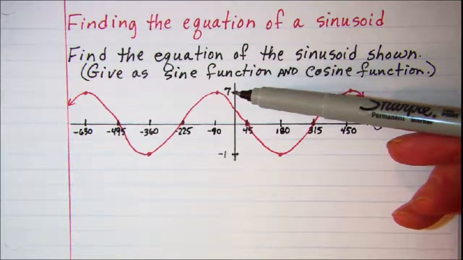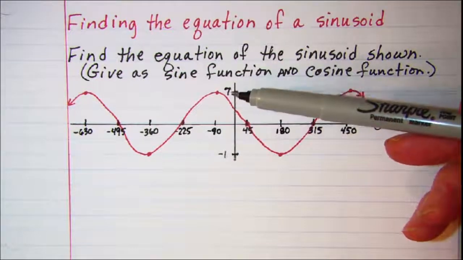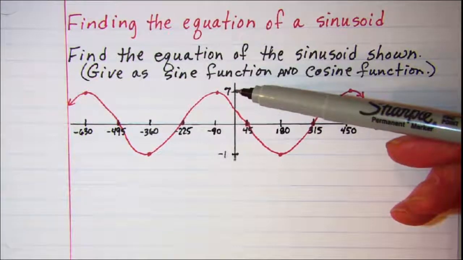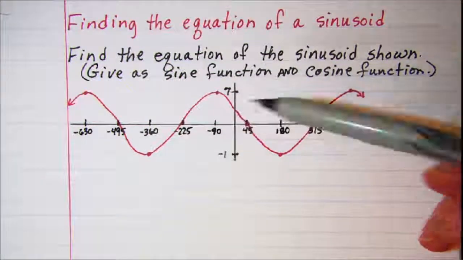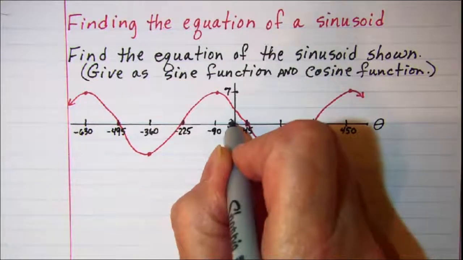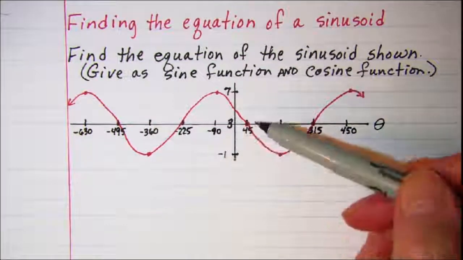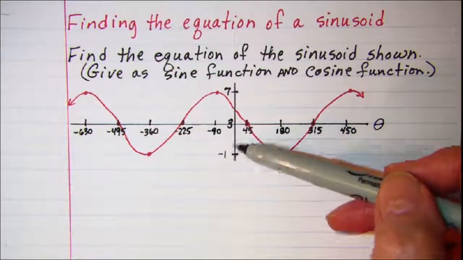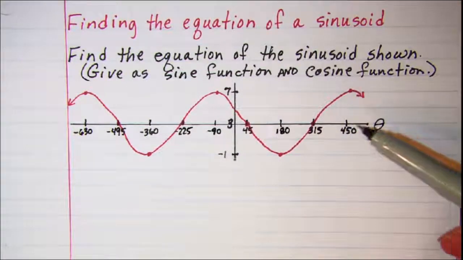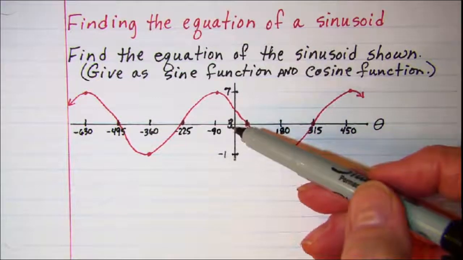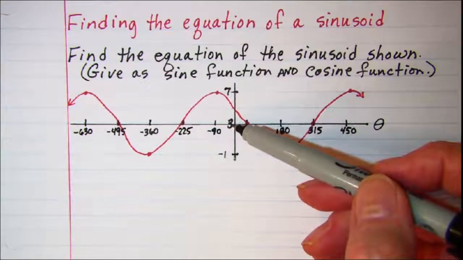We can see that the total space there is 8, which means that if we go half of that, which is 4 down from 7, is 3. This is actually the y equals 3 line. And you can check yourself. If you go 4 down from 3, you'll get to -1. So this is actually the center line for our sinusoid, and it is at y equals 3.